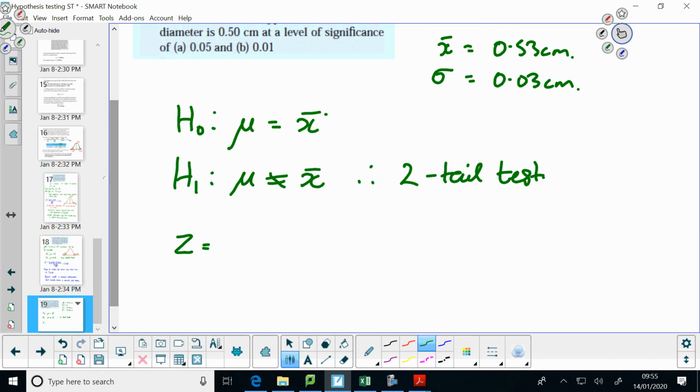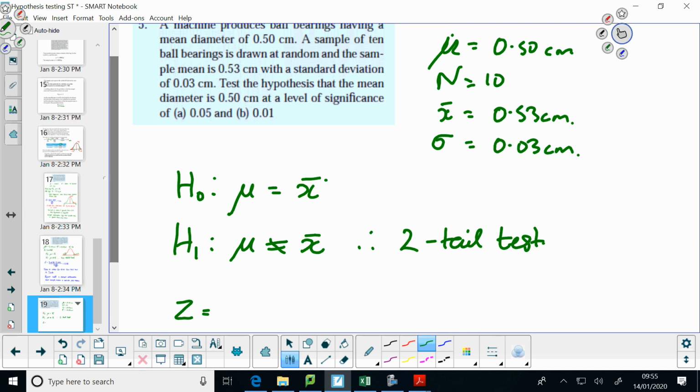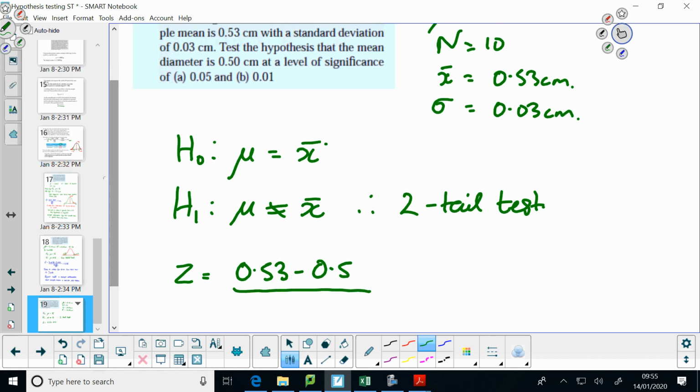Calculating the Z value, that is 0.53 minus 0.5 over the standard deviation, 0.03 over root 10. What did you get for that? Plus or minus 3.16.